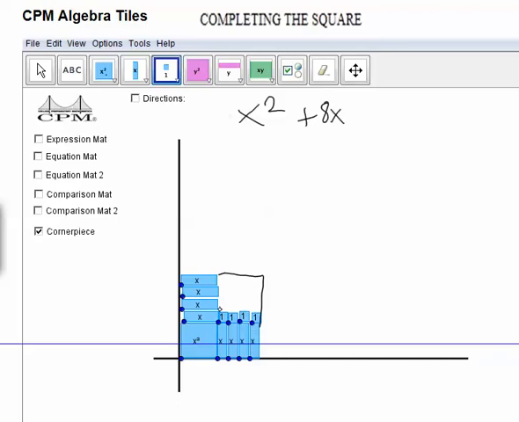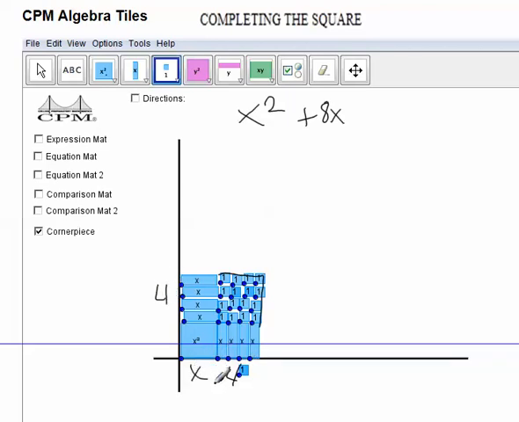How many is it going to take to fill it in? 5, 6, 7, 8, 9, 10, 11, 12, 13, 14, 15, 16. I could have figured that out before because along the side I've got 4 units on this side and 4 units along this side.